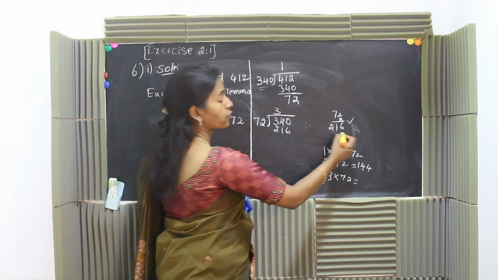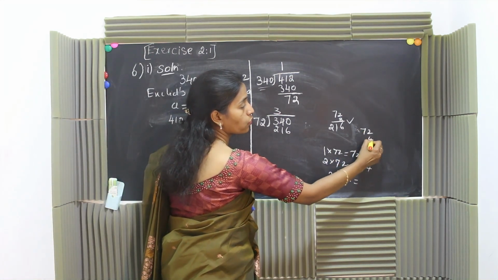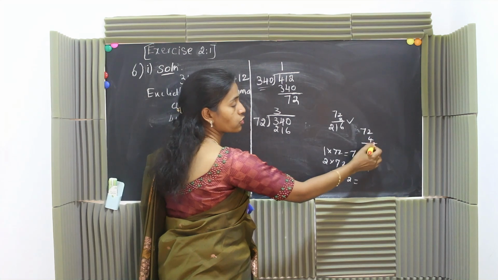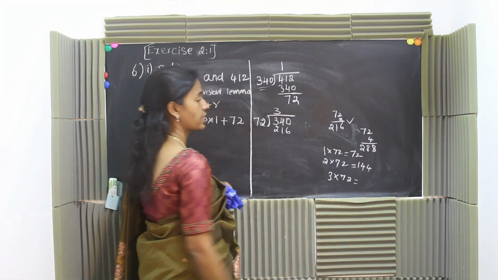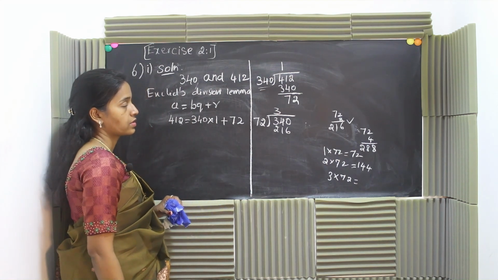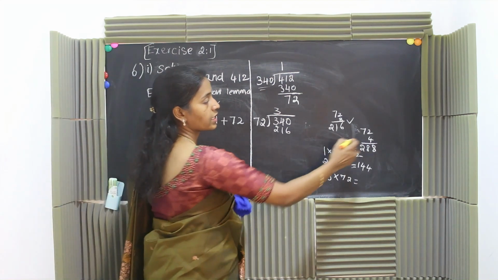If we go for 4, 72 into 4 is 288. So we can take 4.